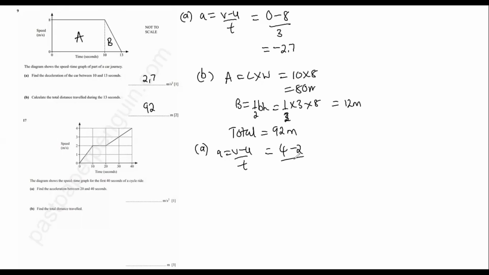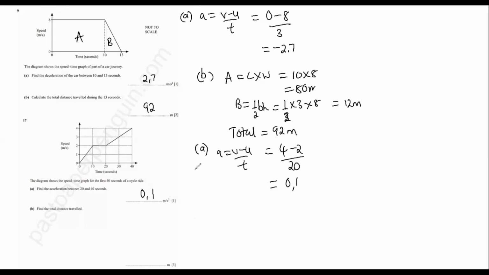Time is 40 minus 20, so that's 20. We get 0.1. So the answer is 0.1 meters per second squared.